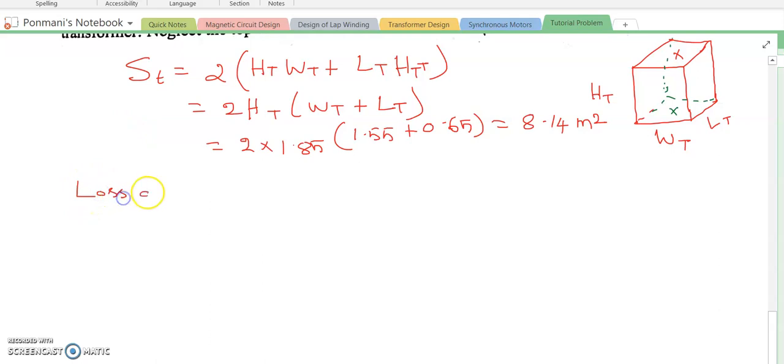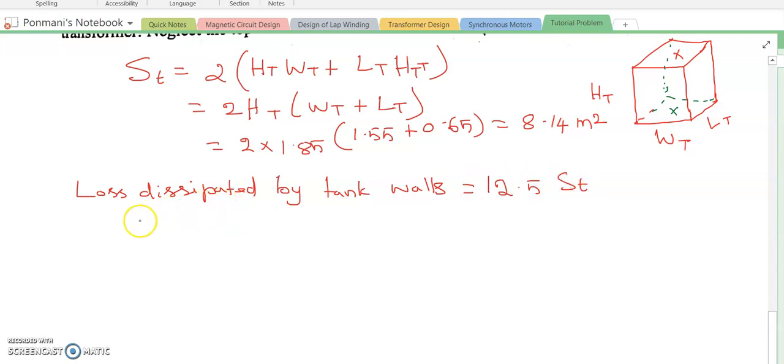So loss dissipated by tank walls is 12.5 times of ST, and loss dissipated by cooling tubes will be next.